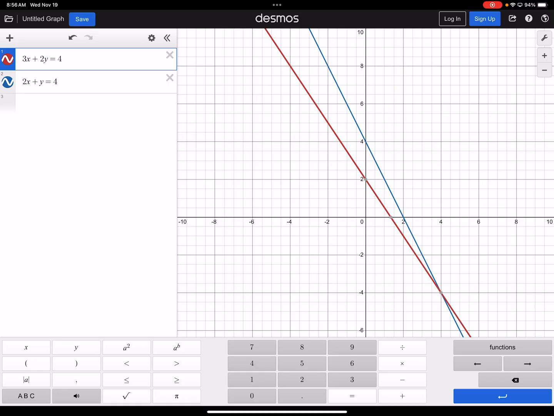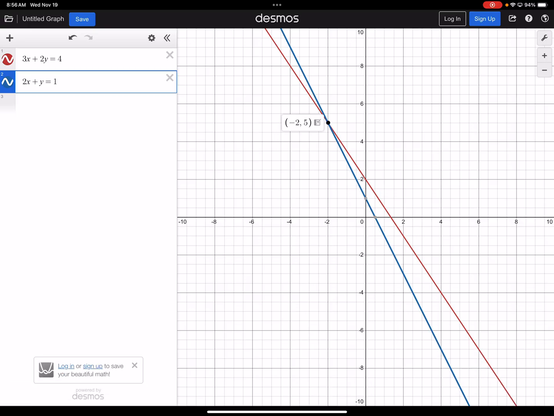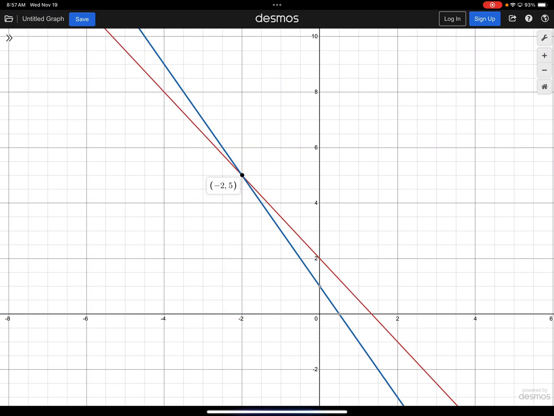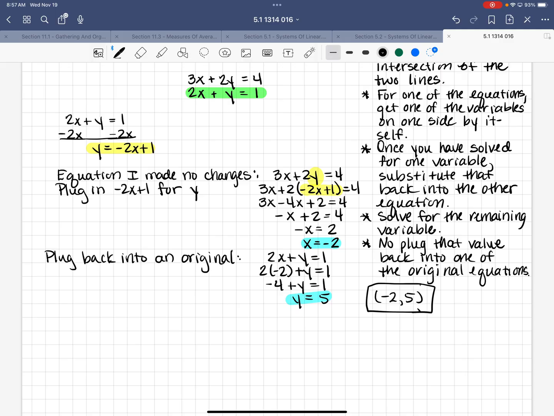Is that what we had for the first equation? And is the second one 2x plus y equals 1? Okay, if I click right there, I get -2, 5. Is that what we got for our solution? Yeah. Okay. So you can check yourself when the answers are nice like that.